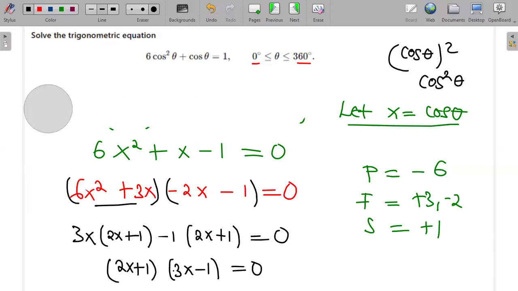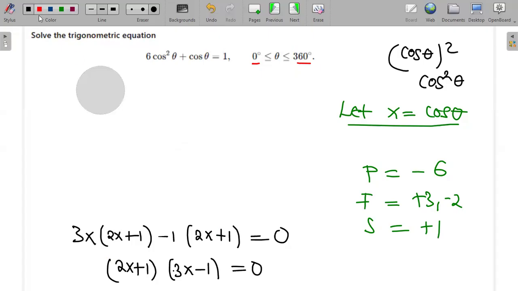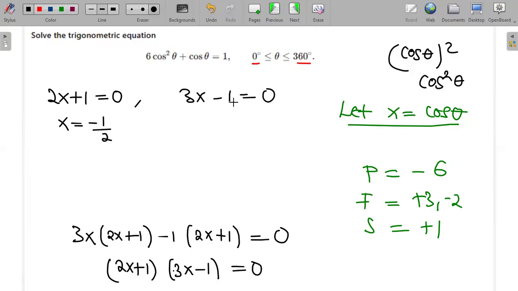So what we have now is this scenario. It will be 2x plus 1 is equal to 0, and on the other side, 3x minus 1 is equal to 0. Here I get x is equal to minus 1 over 2. On the other side, I get x is equal to 1 over 3. Those are the values of x.